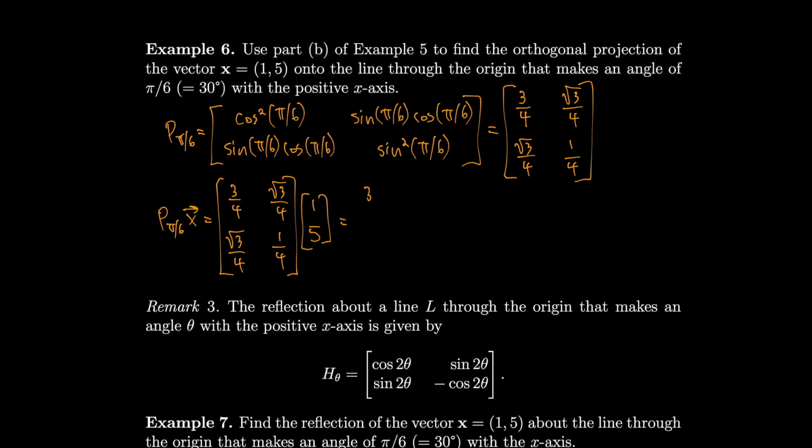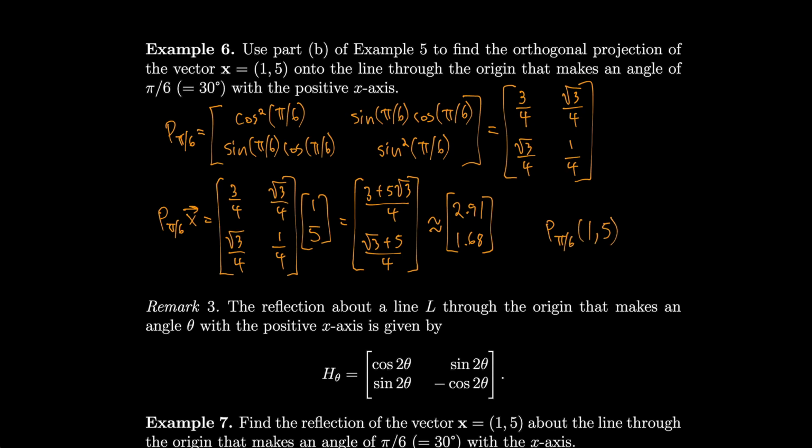That equals (3 plus 5 root 3)/4, (root 3 plus 5)/4, which is roughly 2.91, 1.68 if you use a calculator. So that's the same thing as saying that P of pi over 6 of (1, 5) is roughly 2.91, 1.68.